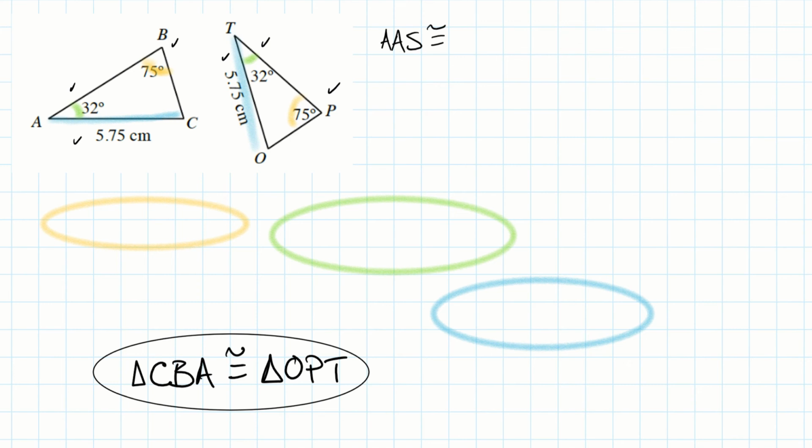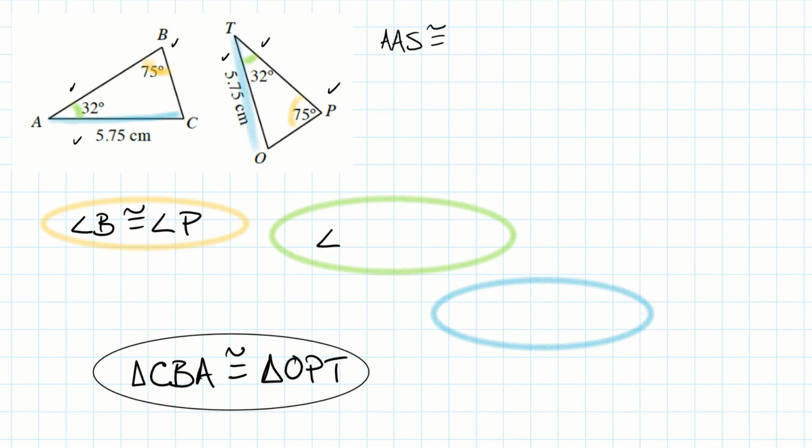I know that angle B is congruent to angle P. I know they're congruent to each other because they fit the definition of congruent angles: two angles are congruent if they have the same number of degrees. These two both have 75 degrees, therefore they're congruent to each other. The other thing that I have is that angle T is congruent to angle A, and I'll probably write it in the other order.